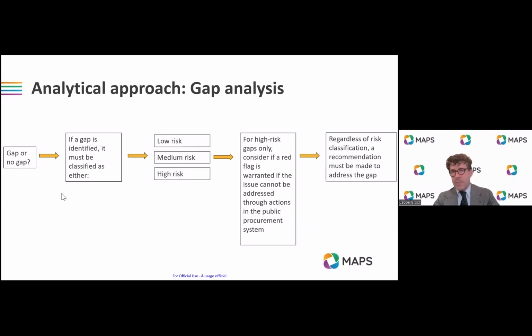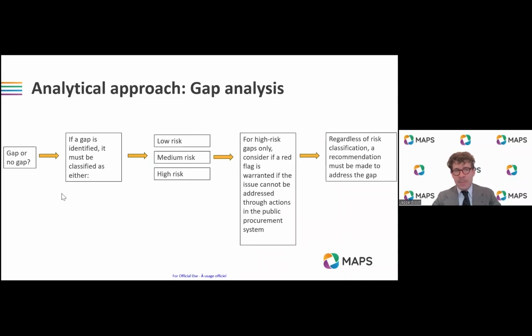So we have streamlined this now, so that we only have a single classification, which means that the distinction between minor and substantive gaps has been discontinued. So the updated gap analysis is, as you can see here in the slide, assessors must decide whether there is a gap or there is no gap.